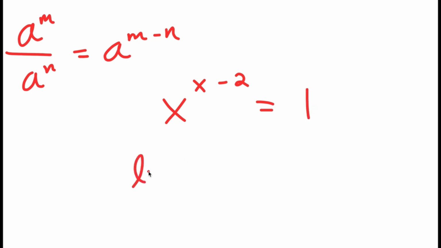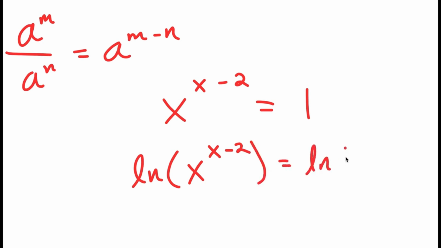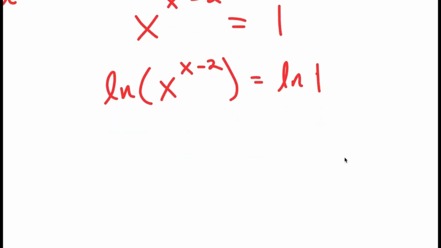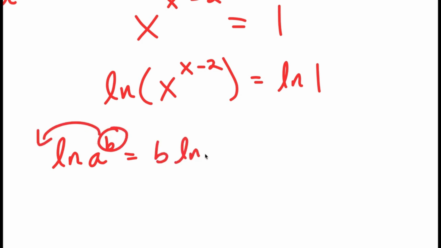Now, I'm going to take the ln, or natural log, on both sides. So I get ln x to the power of x minus 2 is equal to ln 1. Now, if I have something in the form ln a to the power of b, I can move this exponent b to the front, so this turns to b times ln a. So in this case, I can move x minus 2 to the front.